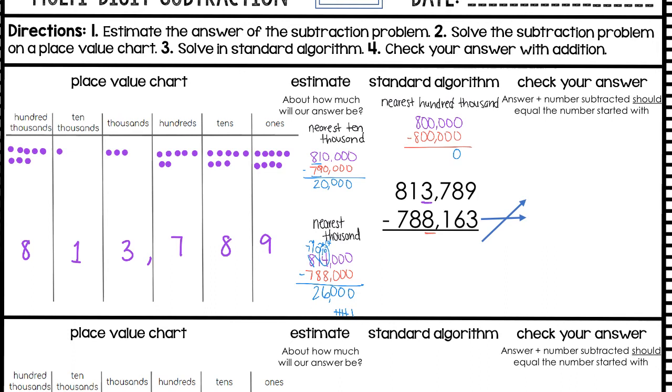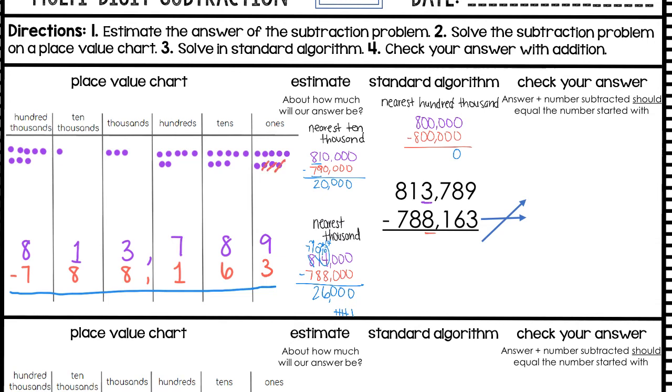So you should have 813,789, and then we're taking away 788,163. We begin in the ones place. So we have 9, and we're taking away 3. 1, 2, 3.